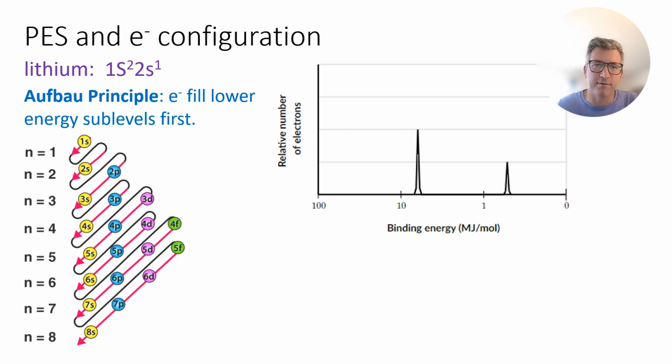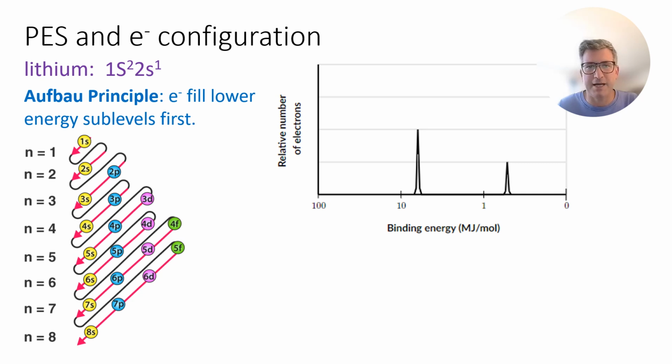So whatever this represents contains twice as many electrons as this. But if we think about what we know about electron configurations, we know that the maximum number that we can put into the first sublevel, into the 1s, is 2 electrons. So this peak represents the 1s, and it contains 2 electrons.